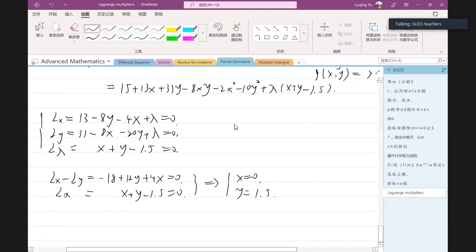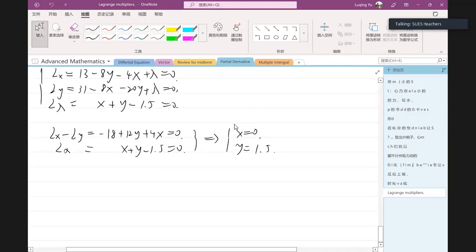In advanced mathematics you are not allowed to use calculators, so I will make sure the calculation is simple enough, though not too simple. When you have a question, the answer will be an integer, and that will be fine.